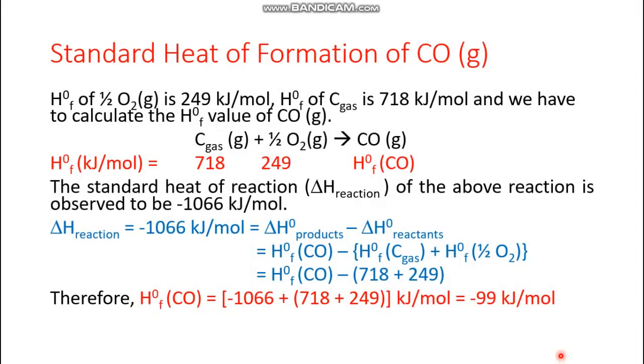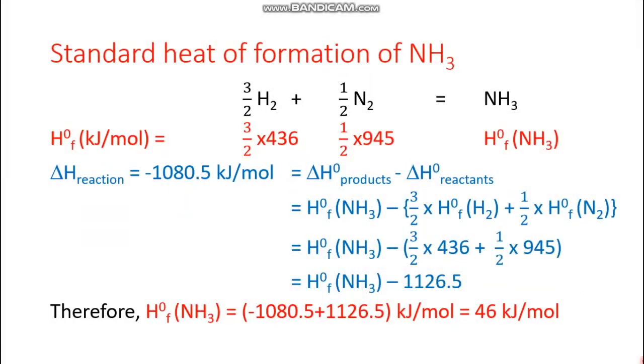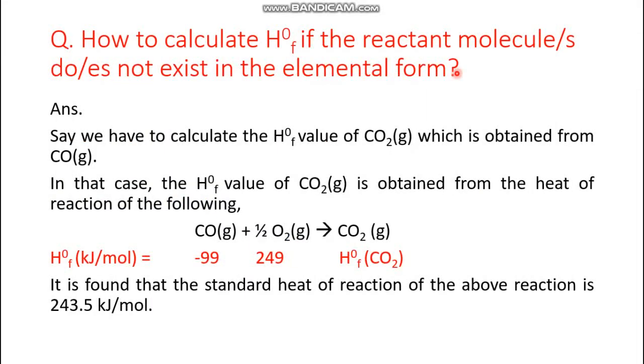Next we calculated the H0 of carbon monoxide in the gaseous form. In another example, we found the H0 of ammonia, and finally we determined the H0 of carbon dioxide with the help of H0 of carbon monoxide and the oxygen atom.